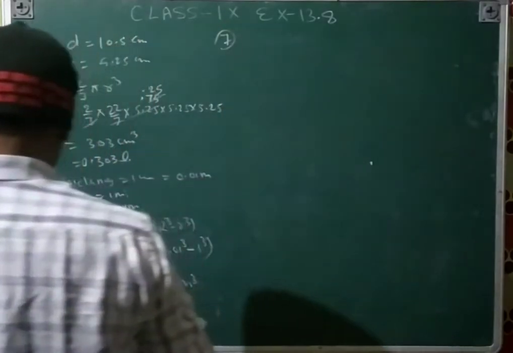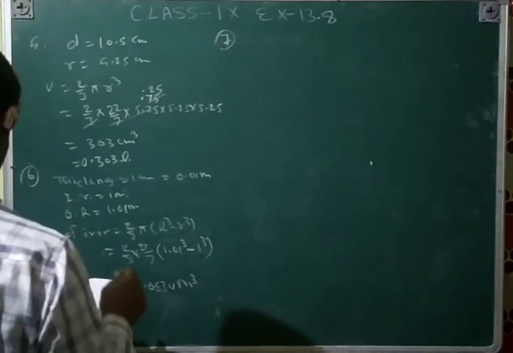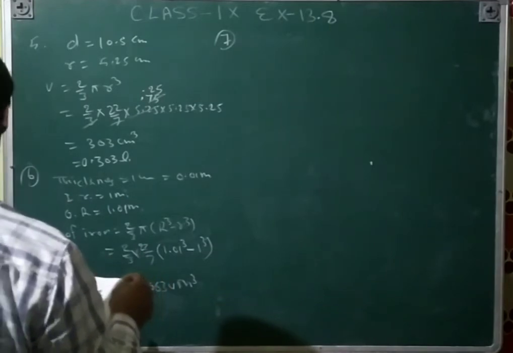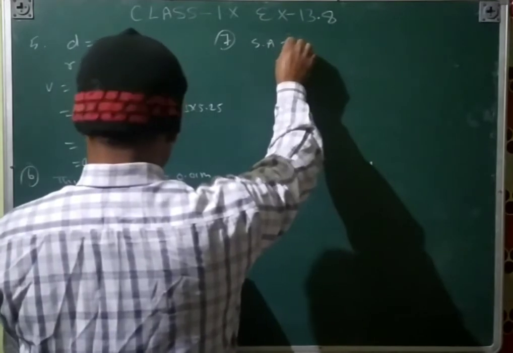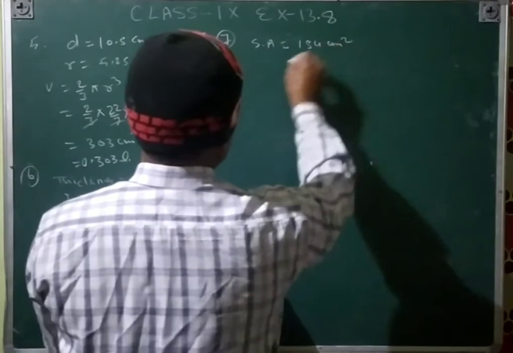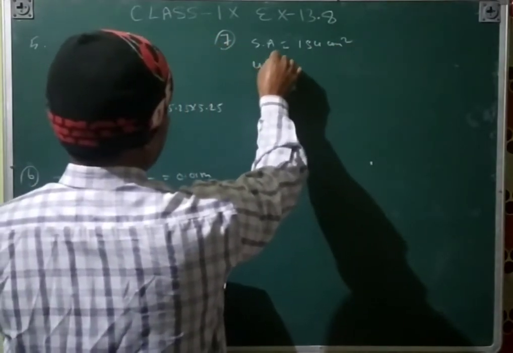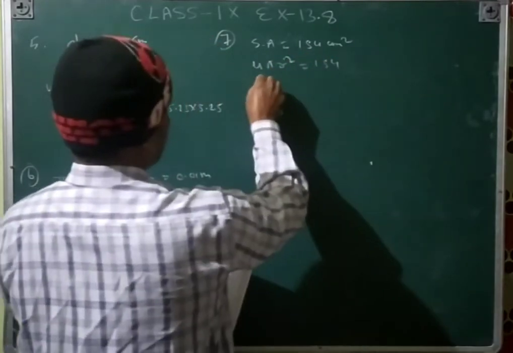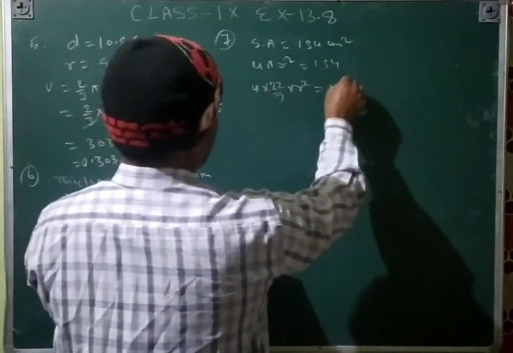7th question. Find the volume of a sphere whose surface area is 154 centimeter square. So surface area is given there: 154 centimeter square. We know that surface area is 4 pi r square, 154. So 4 into 22 upon 7 into r square is 154.